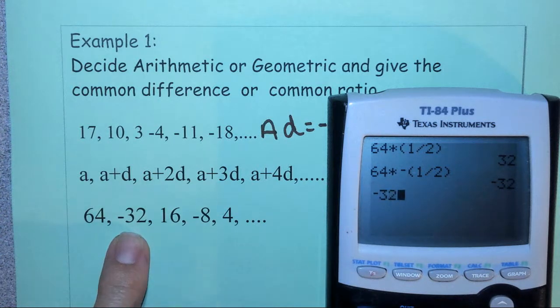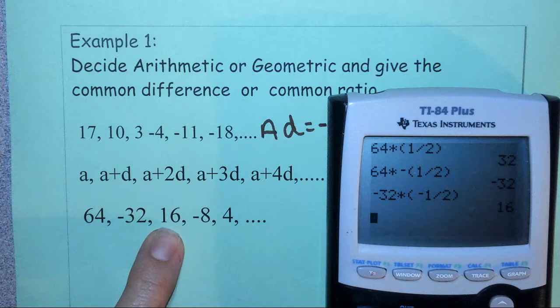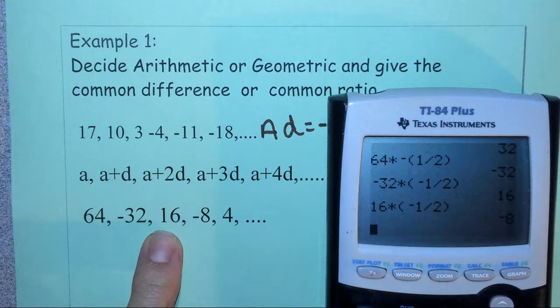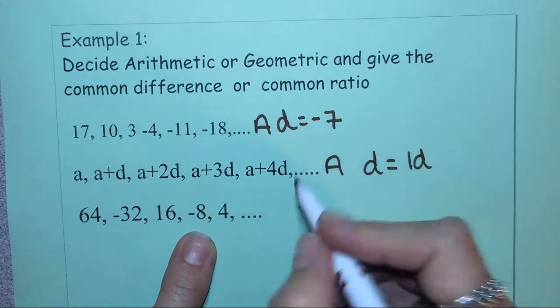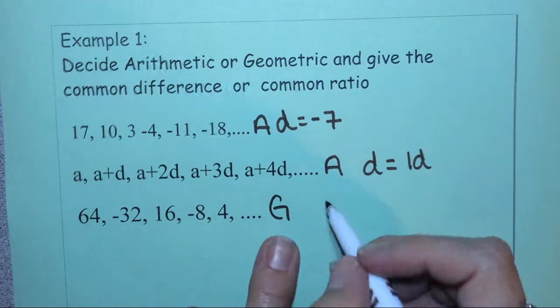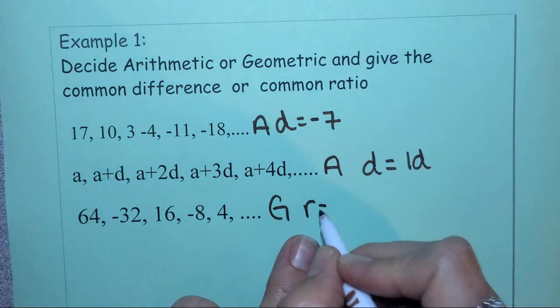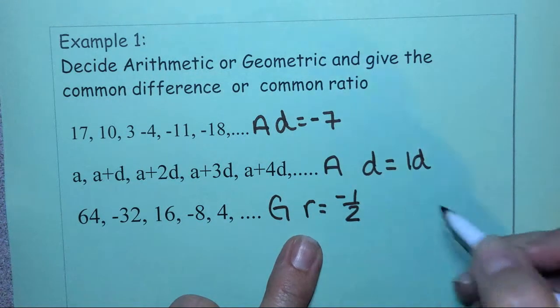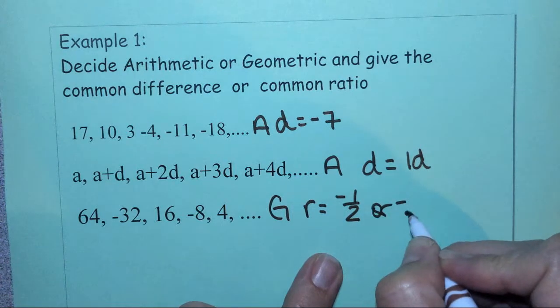Now let's do negative 32 times negative 1/2. 16. We'll do 16 times negative 1/2. You get negative 8. So we can see that this is geometric. And this time my common ratio, not difference, my common ratio is negative 1/2. You could also write negative 0.5.